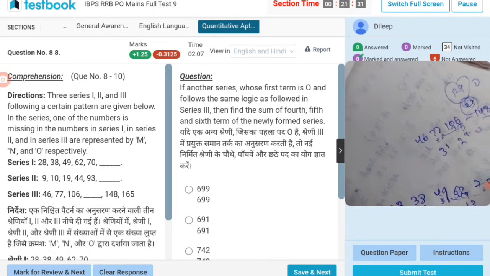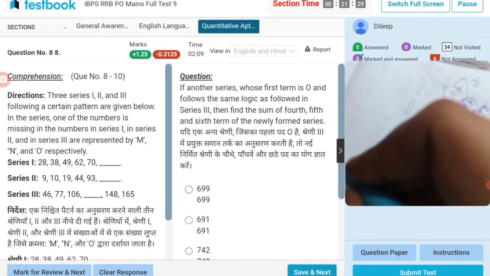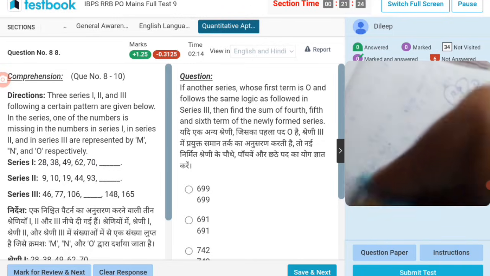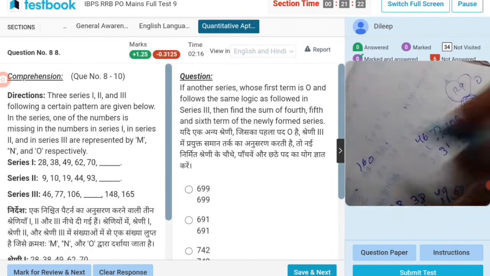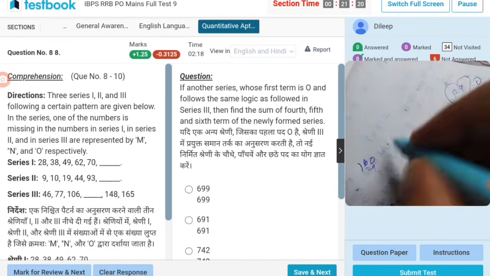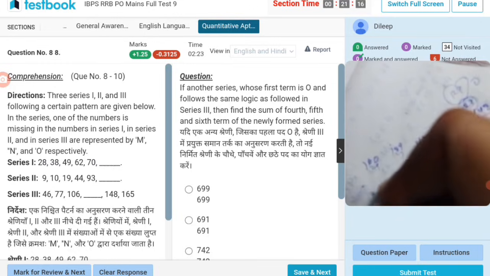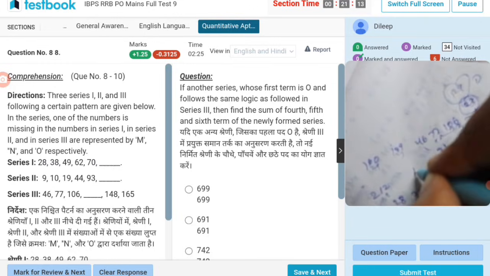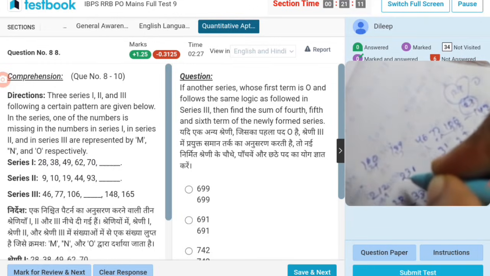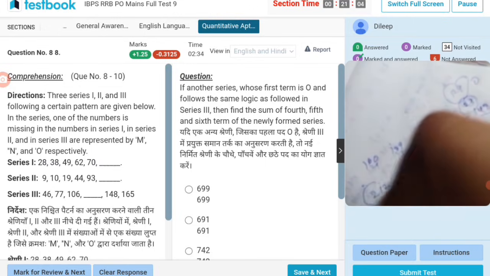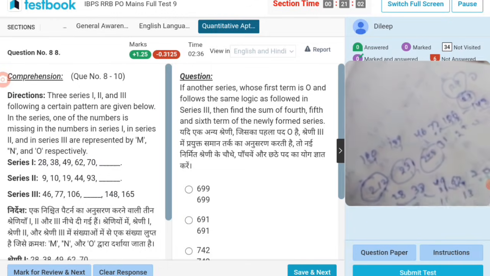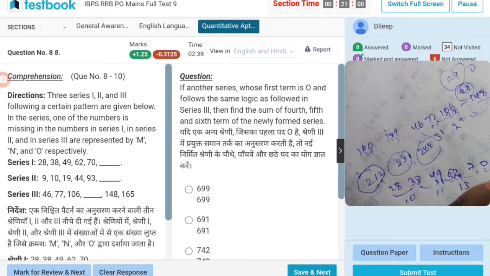Same logic as 3. So 31 is 160, 9, 23 is 19 to 31. 4th, 5th, 6th.